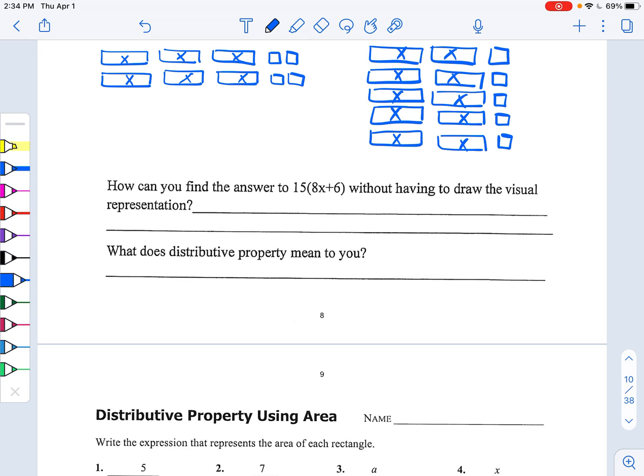So if you do 15 times 8x, 15 times 8 is 120x plus, and then 15 times 6 is 90. So I want you to take a minute and tell me what you think the distributive property means to you.